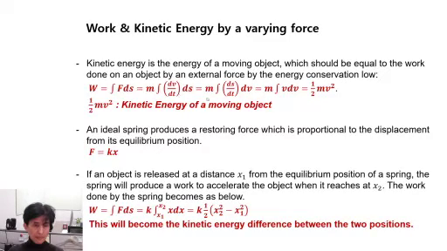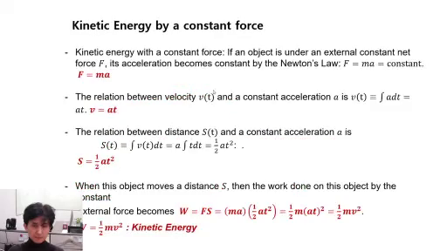So we have, at the first page, we have derived that the kinetic energy when the acceleration a is constant, then 1 over 2 mv squared is the work done by the force.